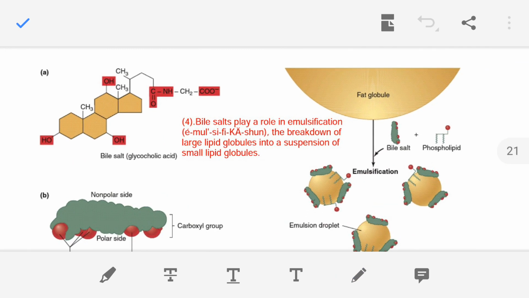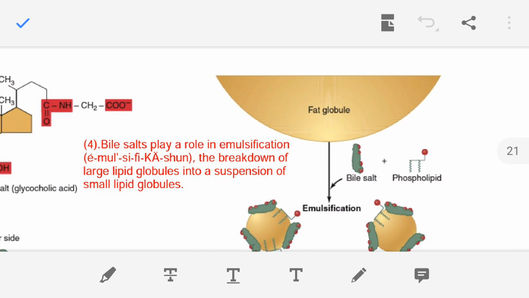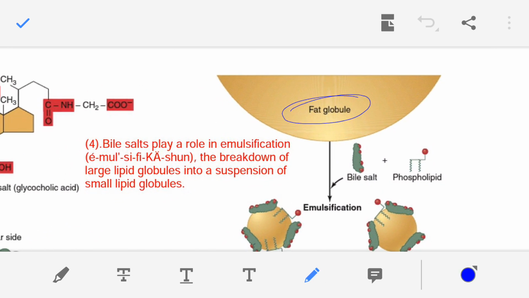So here in the figure, you see this is the fat globule, and here this green-colored bile salt is shown, and the phospholipid is also shown.